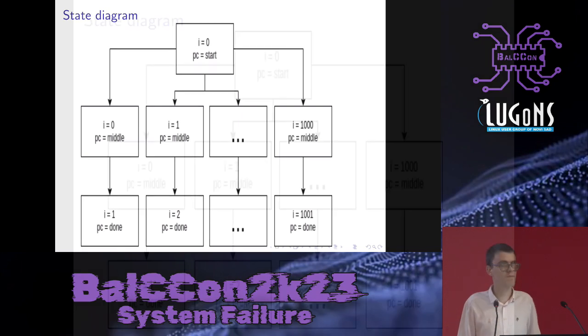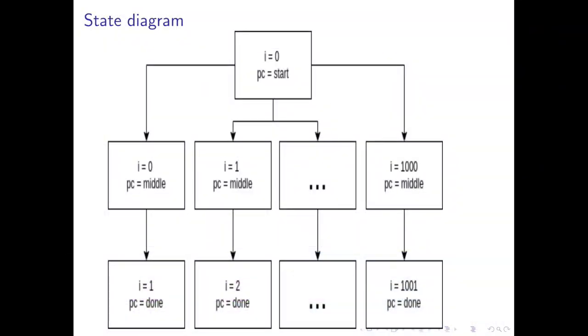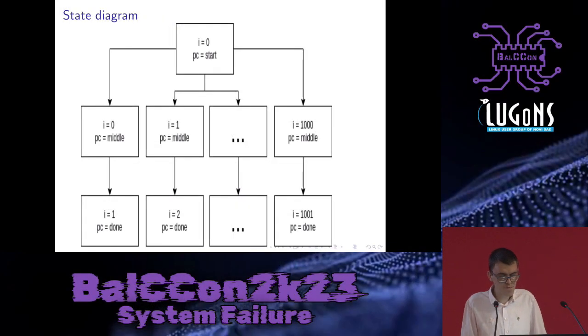Well, we all know that computers are basically state machines. And here, if I want to specify my system, I can create a state machine of all possible states my function can be in. So first we start with I equals 0, meaning that we take the default value.